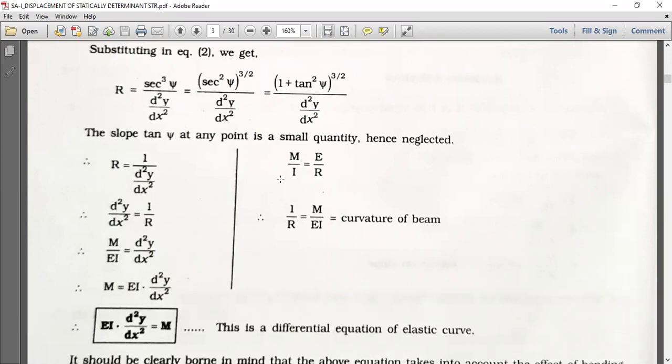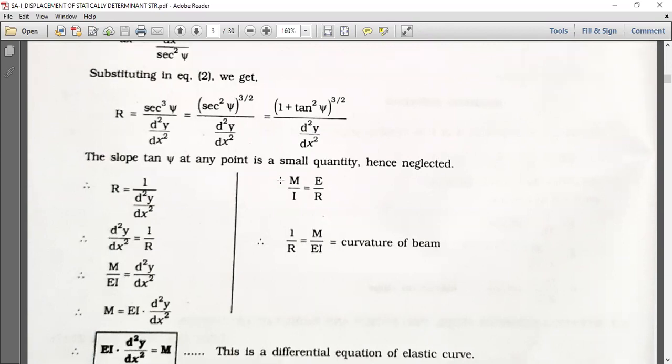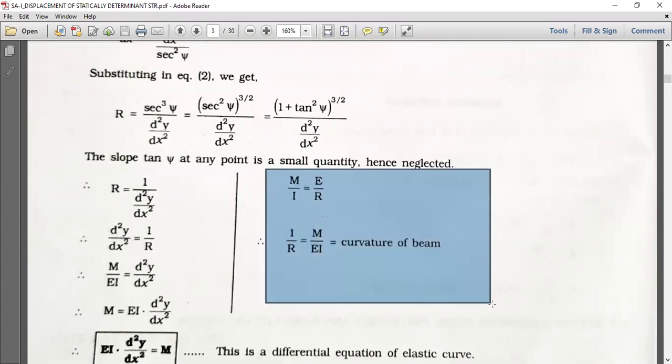So neglect the tan psi terms. We can put r equal to 1 upon d square y upon dx square, that is, d square y upon dx square is equal to 1 upon r. For a curved beam we know that M upon I is equal to E upon R, so 1 upon r is equal to M upon EI.